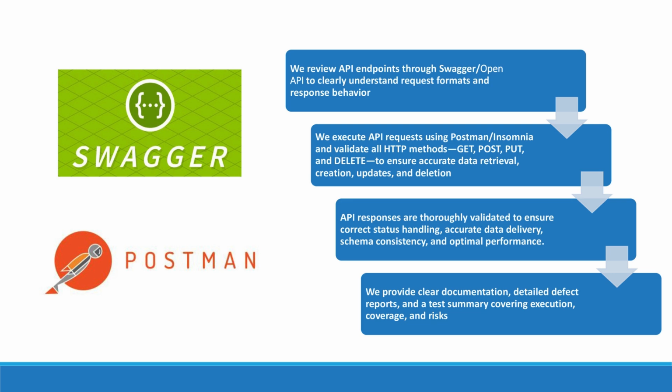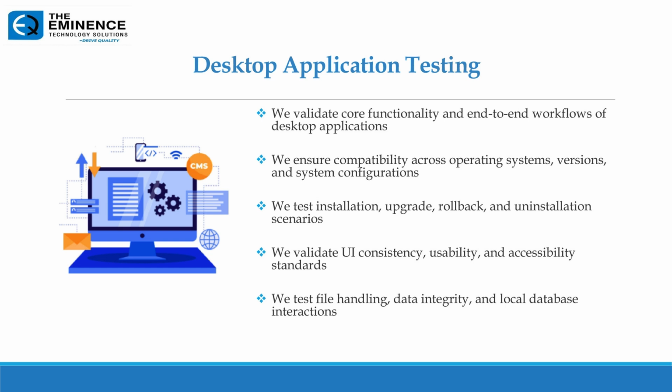And here comes desktop application testing. Our tester will validate that the core functionality and end-to-end workflow of the desktop application meet the business requirements. Mainly, we will ensure compatibility of the application across different OS, different versions, and system configurations.